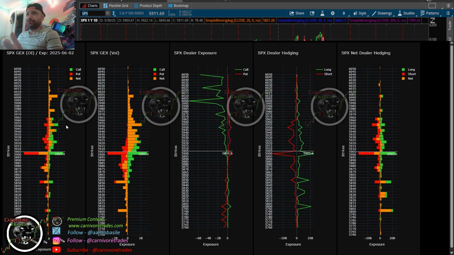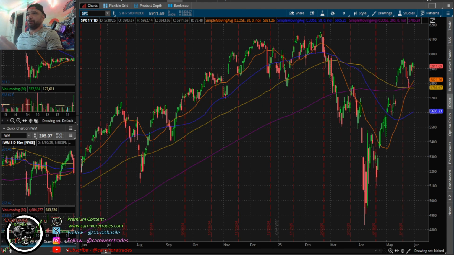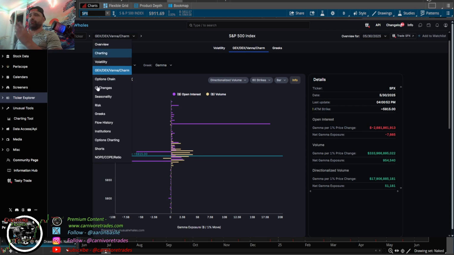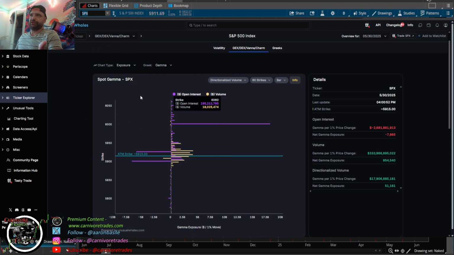The second one is, and it's kind of similar. A lot of these things are similar, but it is essentially using spot over total OI or the 0DTE. And essentially we'll just use Unusual Whales here. You can see spot, but essentially spot is kind of like, think of it as a weighted measure of gamma.